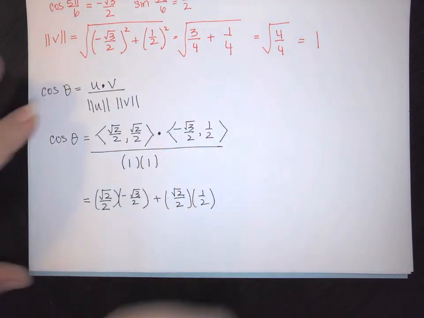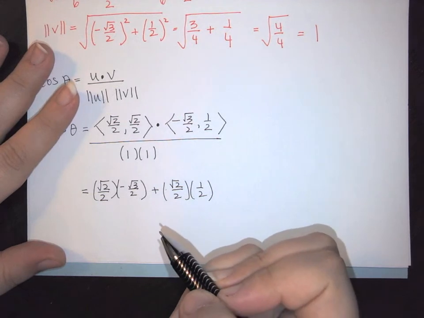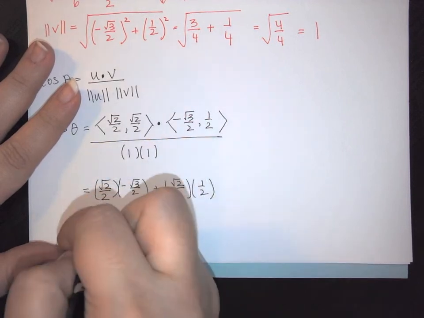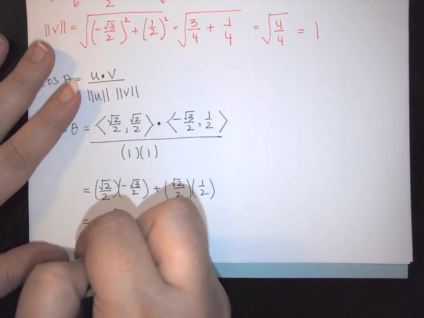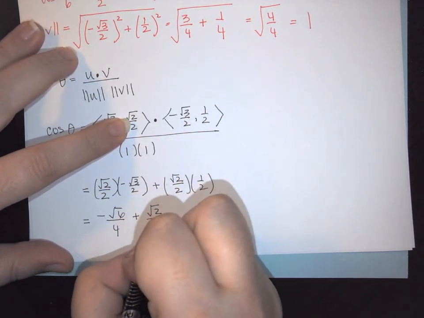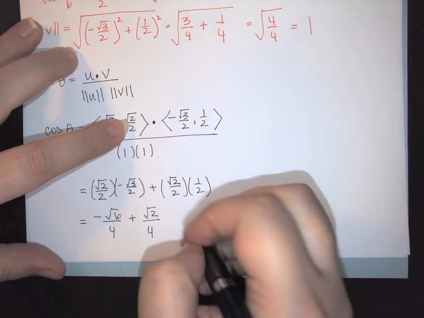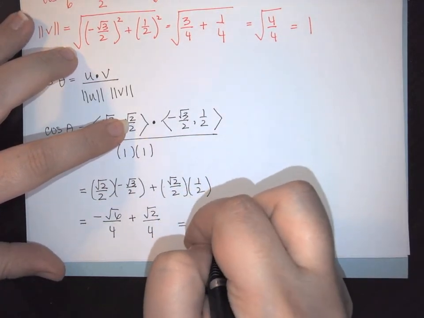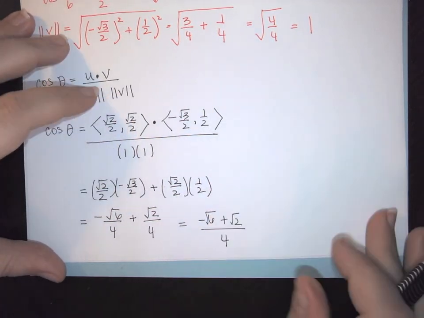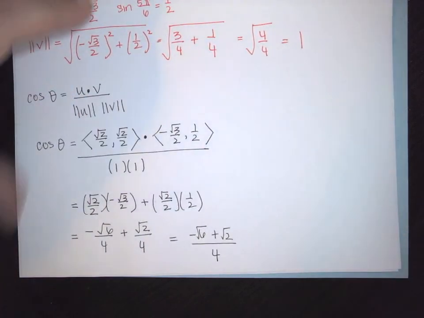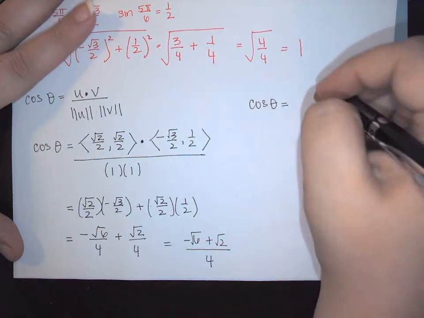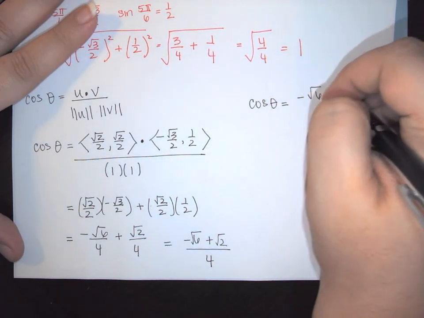Since the whole thing is over 1, that bottom drops away, and so here we're going to be left with, going straight across the top, negative square root of 6 over 4 plus the square root of 2 over 4, which can also be written as negative square root of 6 plus the square root of 2, the whole thing over 4. So now we need to take a look at the fact that this is the cosine of my angle. It's going to be negative square root of 6 plus the square root of 2 all over 4.